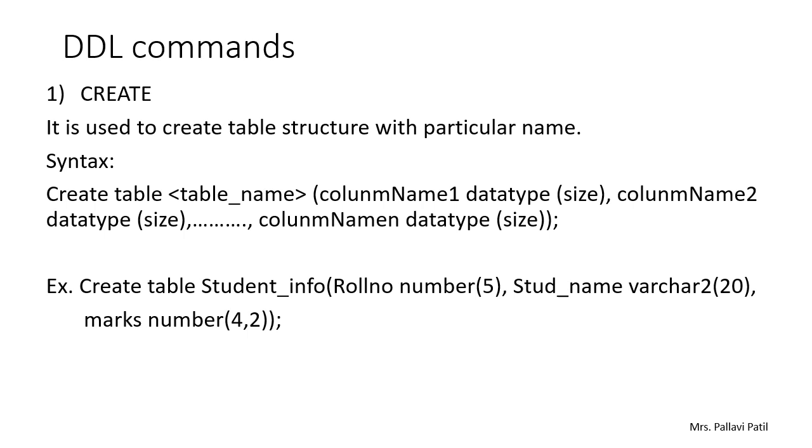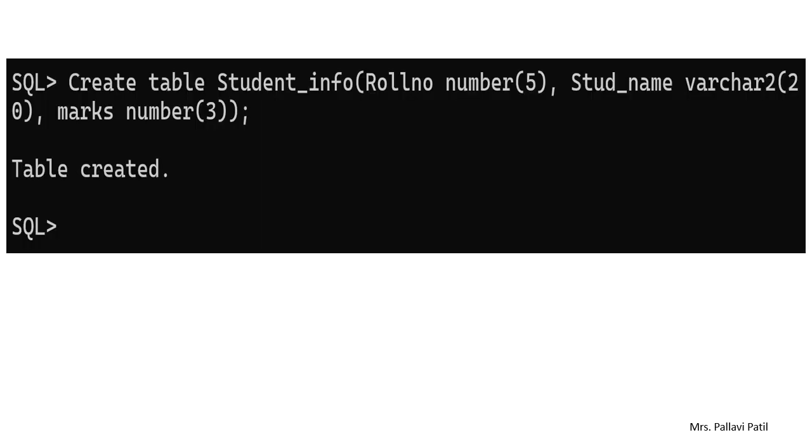Just take a precaution here: in your column name, spaces are not allowed and the column name should start with a character. This example is actually executed in the SQL command line.